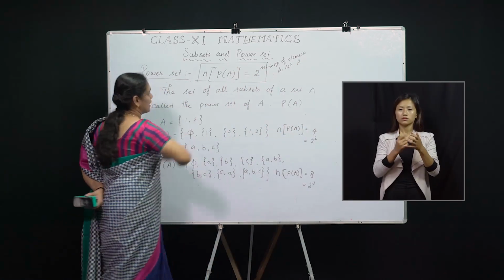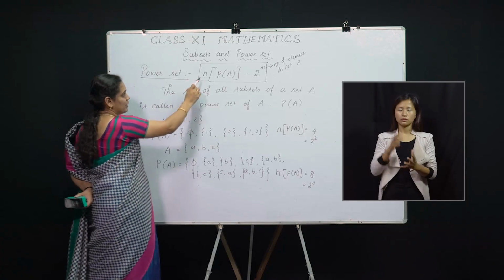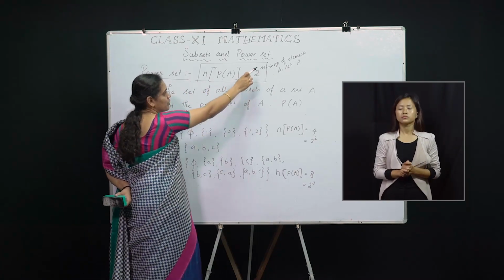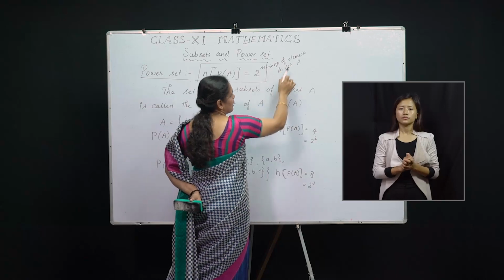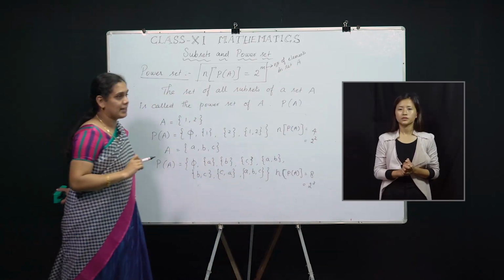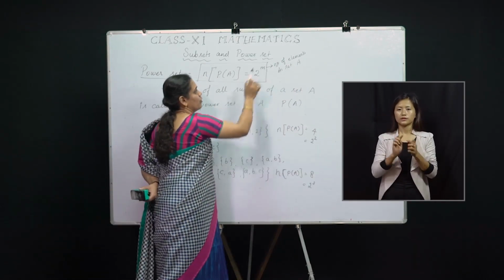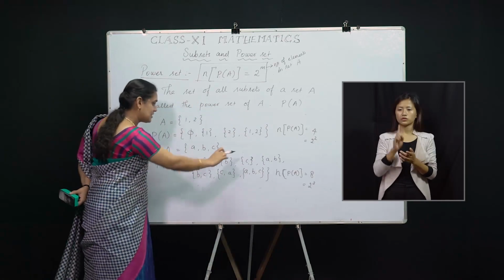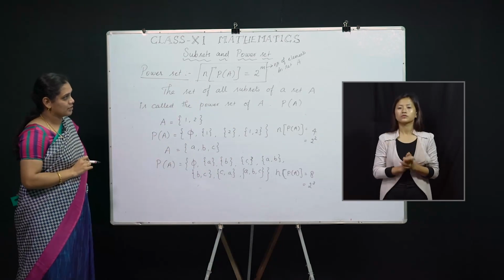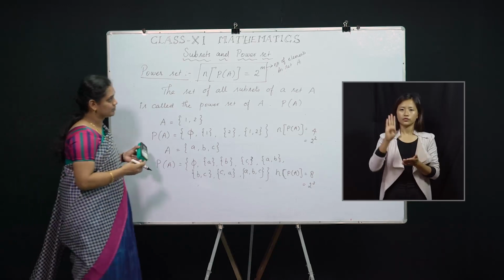We will be learning more like this. The number of elements in the power set will be equal to 2 power m. m is nothing but the number of elements in set A. Suppose set A has 4 elements, then you will put 2 power 4, so 16. So you will get 16 subsets for this. So you can try with 4 elements also.